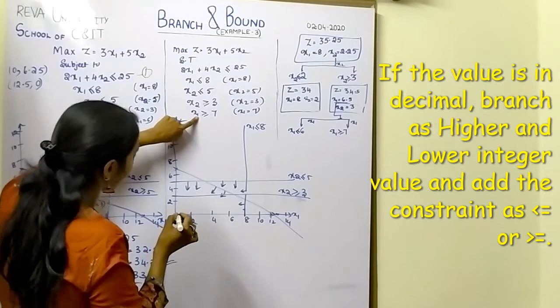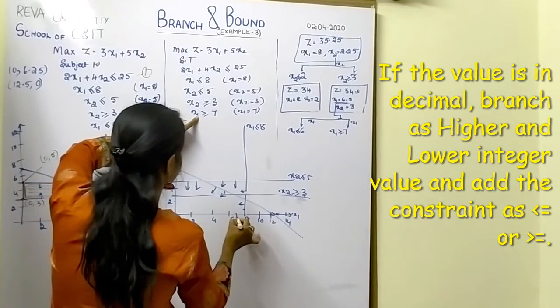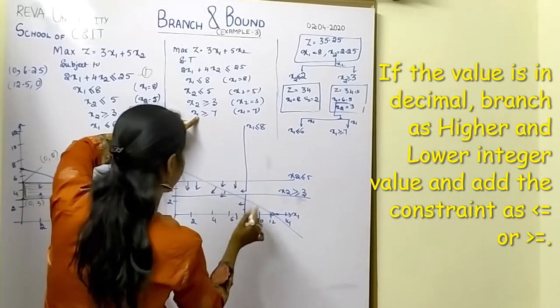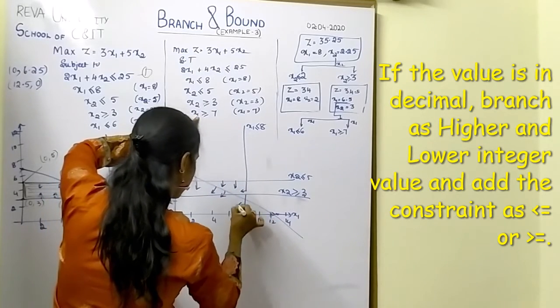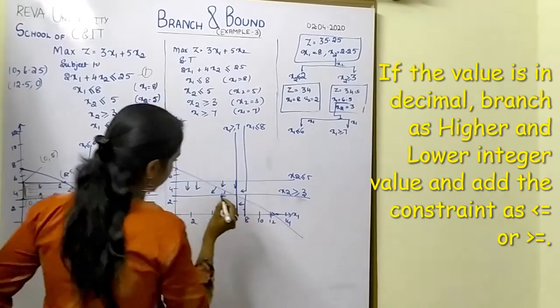And x1 again, x1 should be greater than or equal to 7.